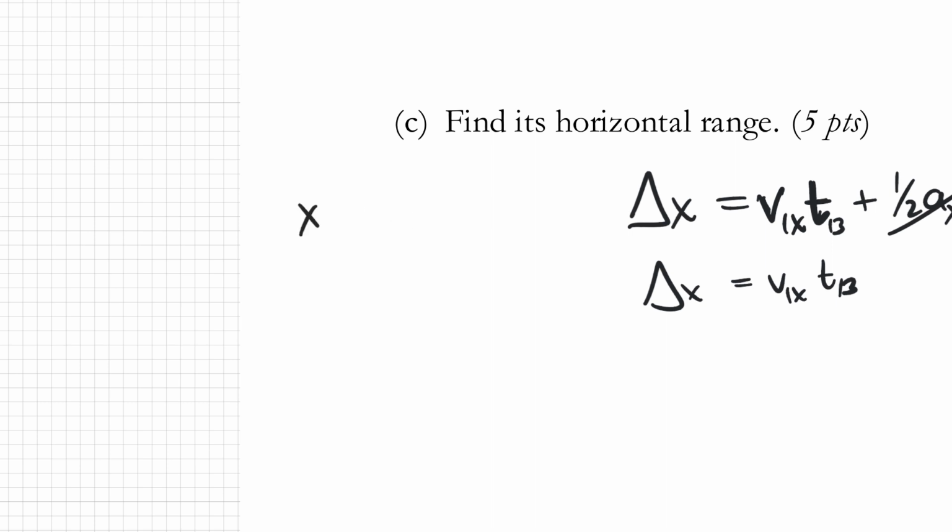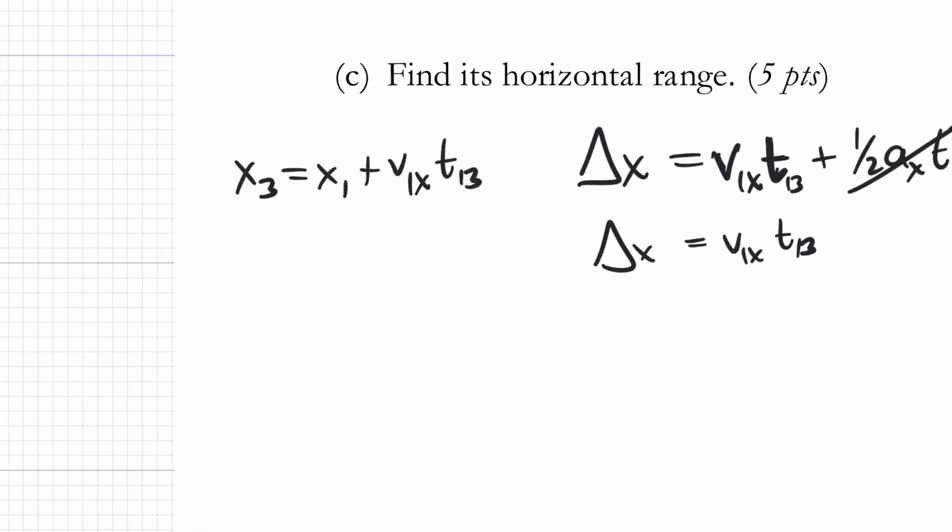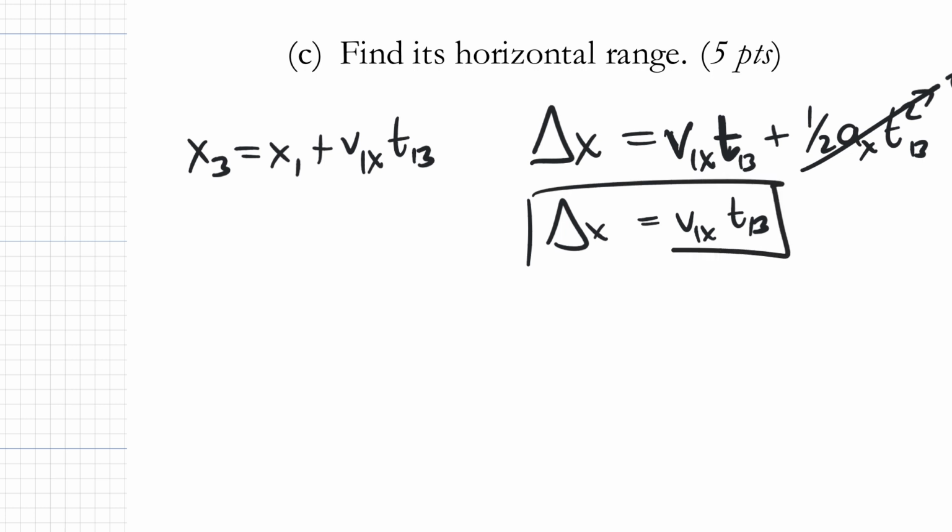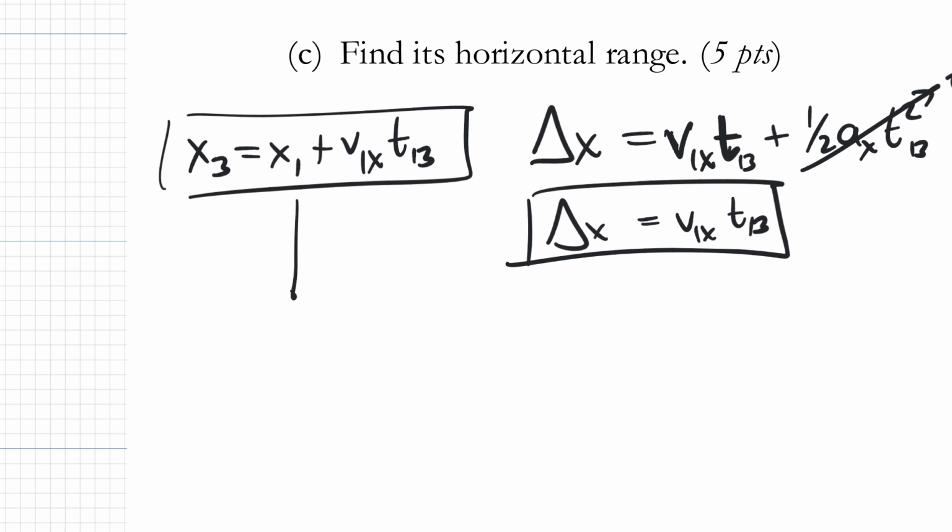It says x3 equals x1 plus v1x t 1,3, and it doesn't have an acceleration term, right? So I can either solve this and then add the initial x1, or I can solve this and that will just kick it out for me. So we're going to do this one.